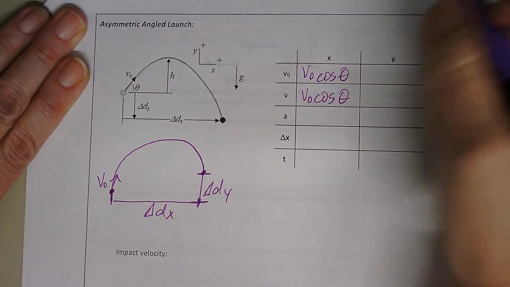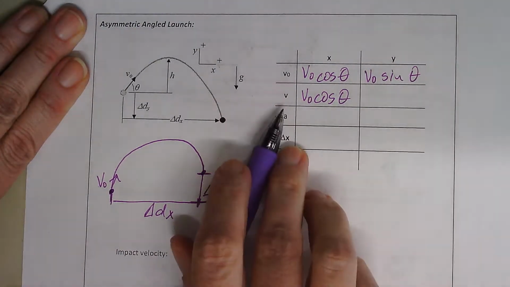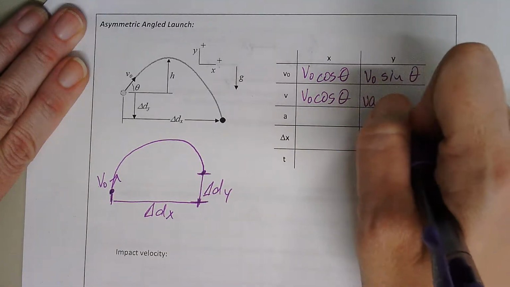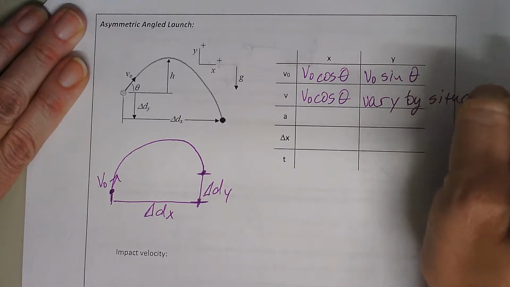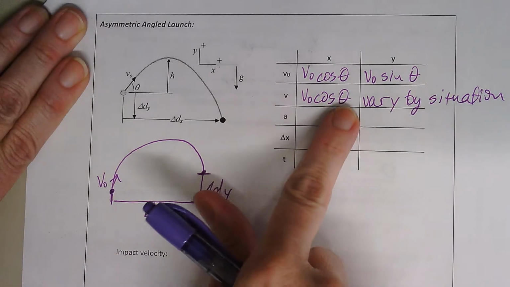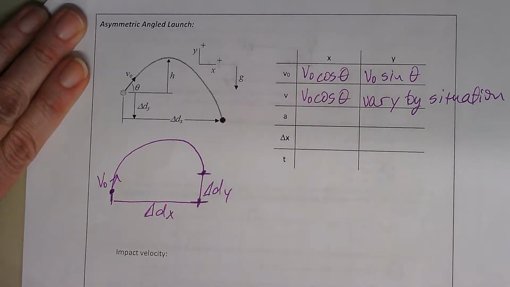Your v naught in the y will be v naught sine theta, but your v final in the y will vary by situation, because it depends if you're landing higher or lower than where you started, then it'll not be the exact same, and it might not even be negative depending on where it lands.